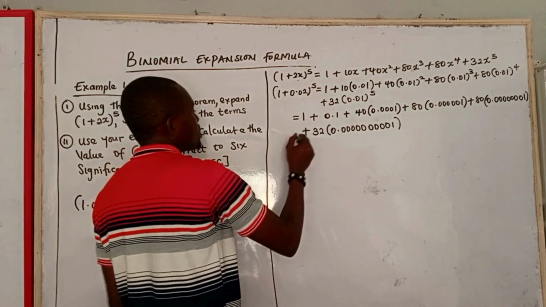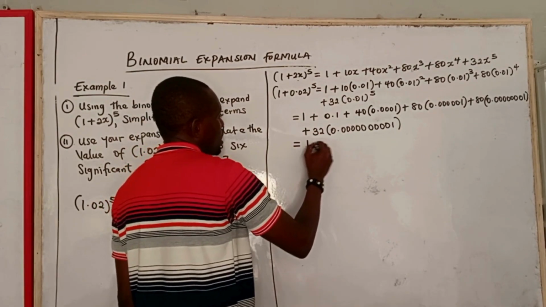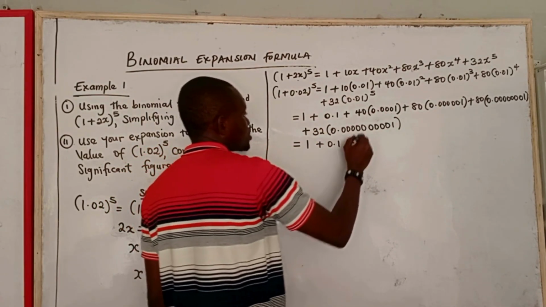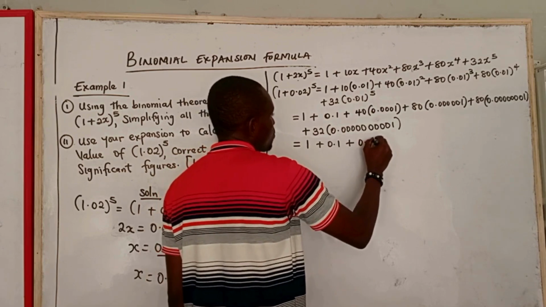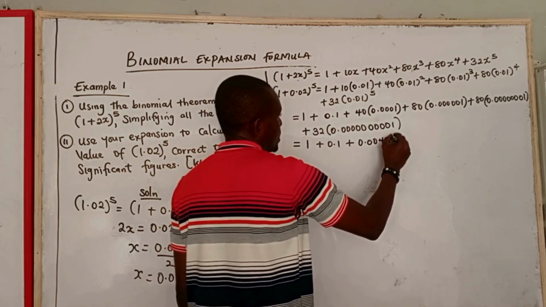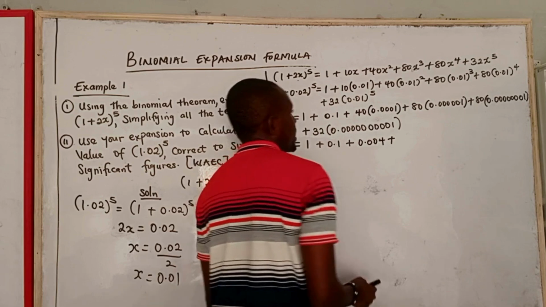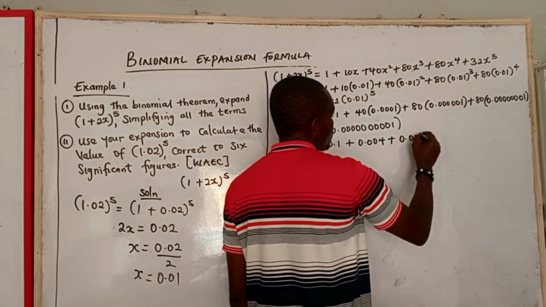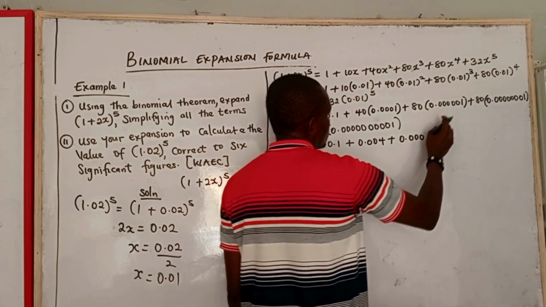So by the time you proceed further, you now have 1 plus 0.1, plus 0.004, plus 0.00008.